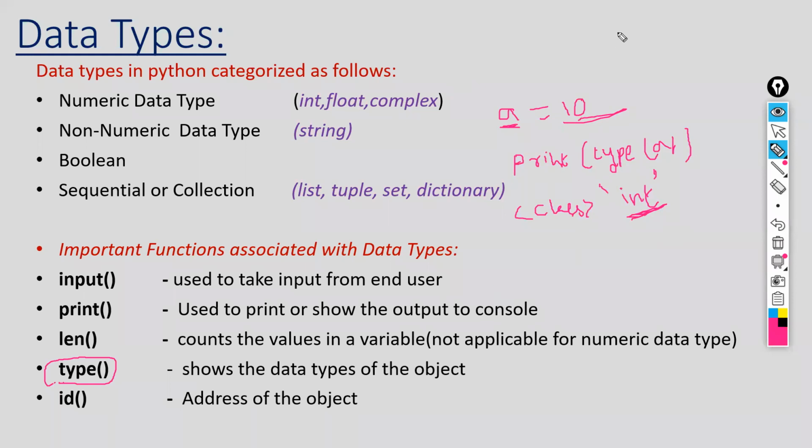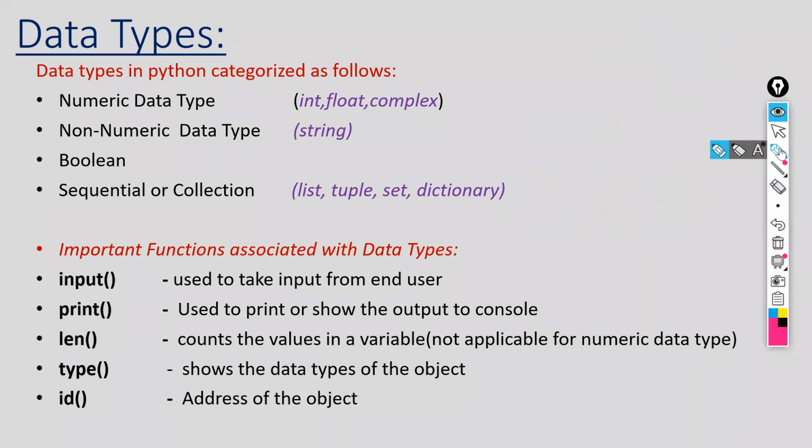If I take a equal to "hello" and print type of a, it simply gives class str, meaning string value, because it is a string, right? This is about the type.